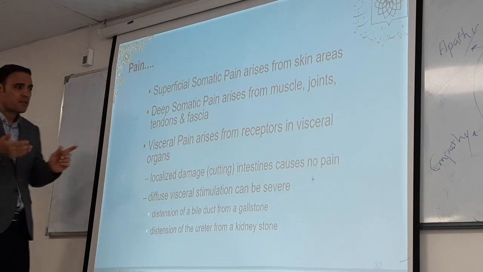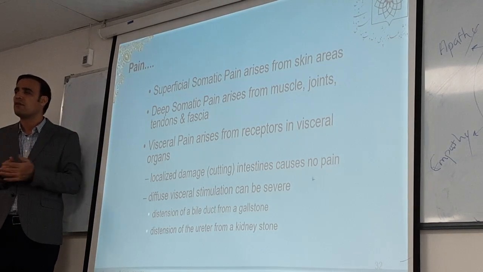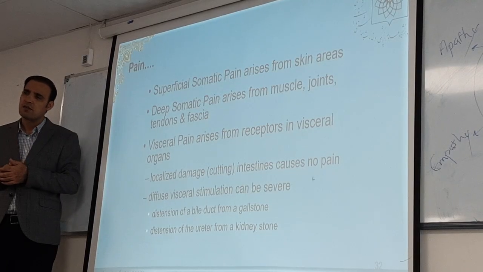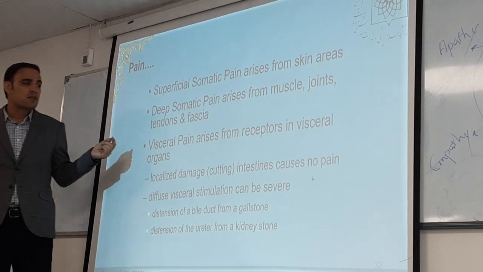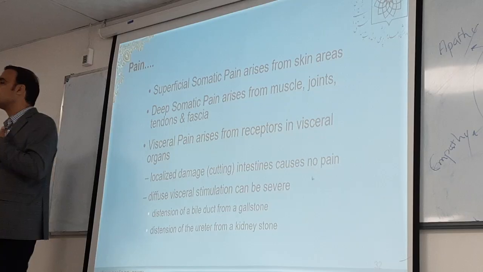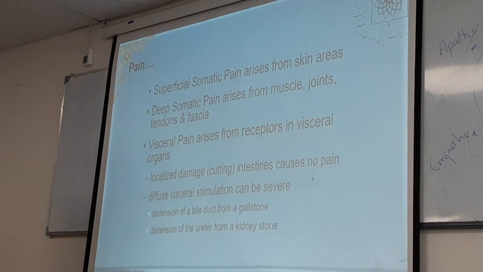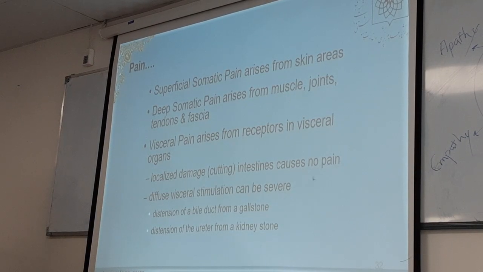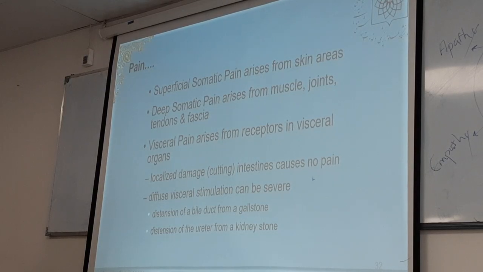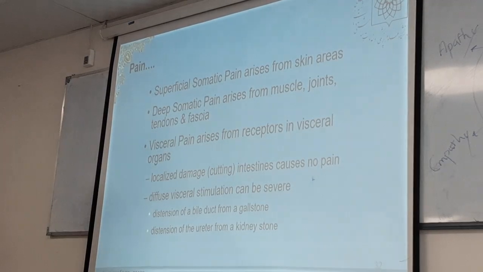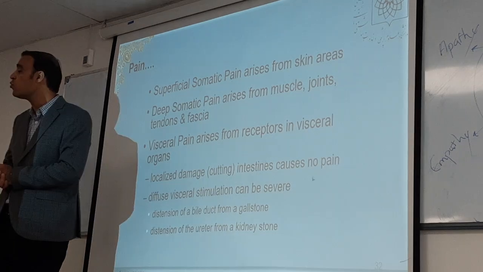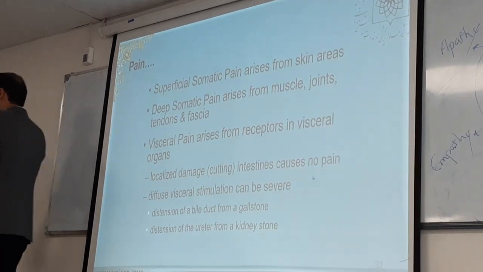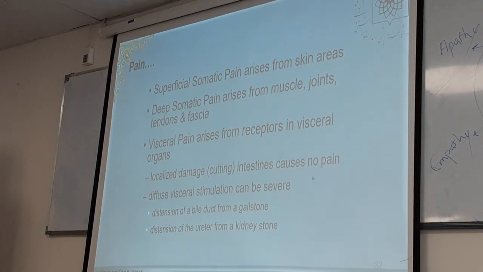Also, we have visceral pain. What is the visceral pain? Visceral pain means the pain that is coming from the intestine, the heart, kidney, bladder. This is named as visceral pain. And you know that visceral pain is poorly localized.